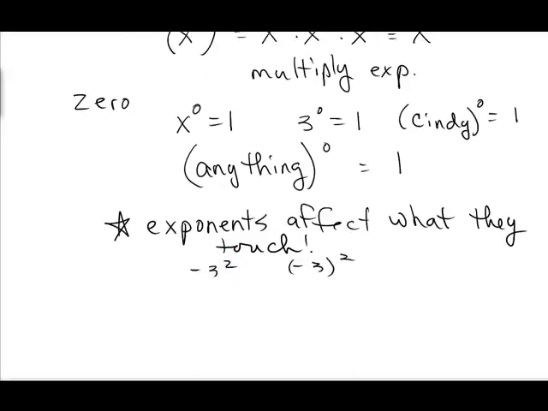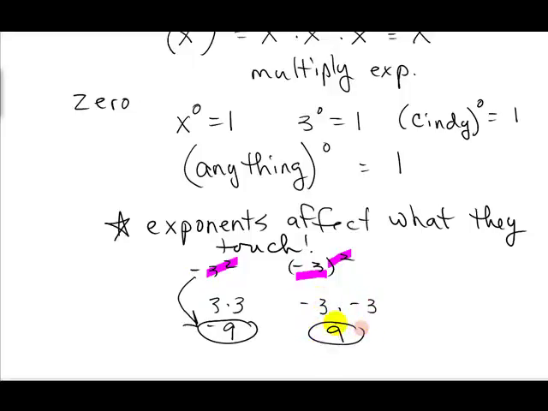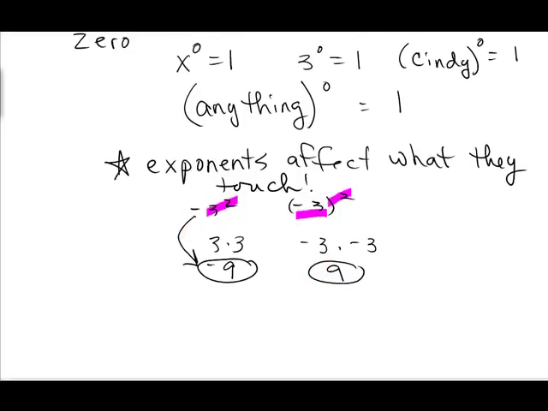Here, the 2 only touches the 3. Here, the 2 touches the parentheses, which means everything's included. So this is 3 times 3 is 9, and then we bring down that negative. But here it's -3 times -3, which gives me a positive 9. So just a little side note about the exponents there.